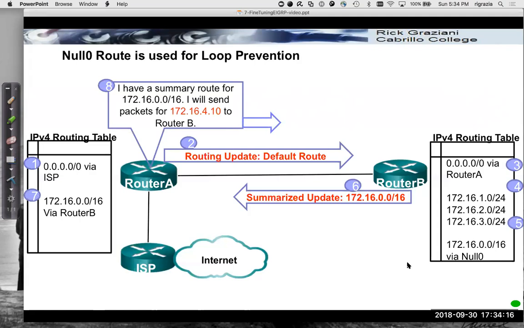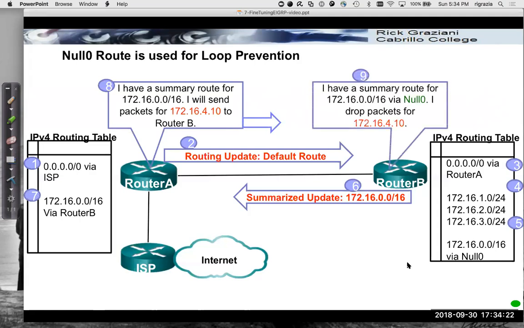So 172.16.4.10, send it to router B. Router B goes, hey, I don't have a specific route for that, but I do have a route that covers anything in 172.16. If I don't know how to get there, I'm just going to drop it so I don't send it back to you. So it puts it in the bit bucket, as we call it. It drops the packet, and that's what prevents the routing loop.